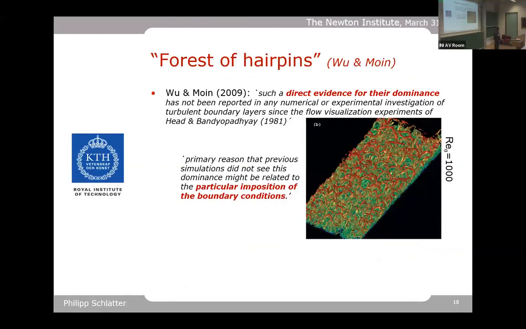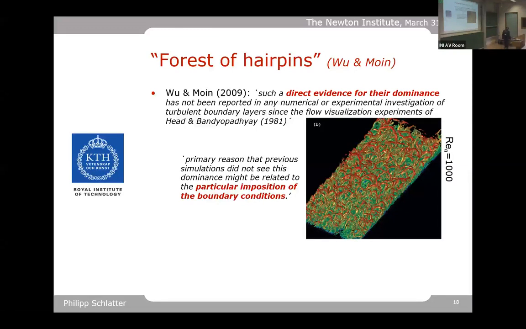The main paper that kind of motivated our study, and I guess also brought back the idea of hairpin vortices into our community, was the paper by Wu and Moin in 2009, and then a couple of follow-up papers later on, where they essentially provided this visualization, or a sequence of similar visualizations, where you can kind of infer from the figure that there are these regularly structured, spanwise arrays of hairpin vortices, where the head is kind of in a spanwise plane.